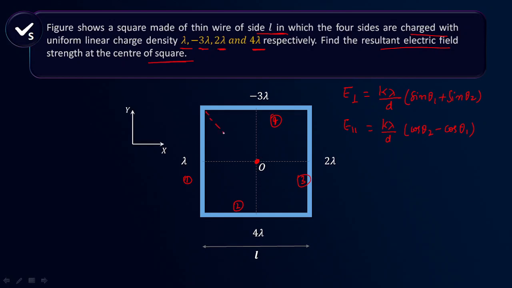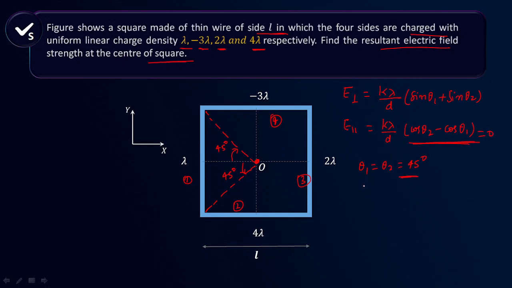So for this wire, if I want to write, so this angle will be how much? 45 degree. And again this angle from another end of the wire will be again 45 degree, right? So theta 1 equals to theta 2, that is equals to 45 degree. So from here can I say that this term will become 0?